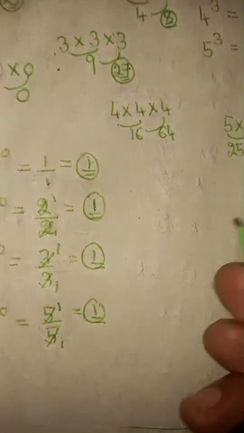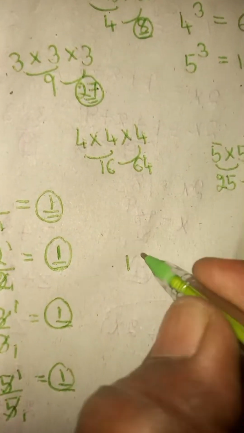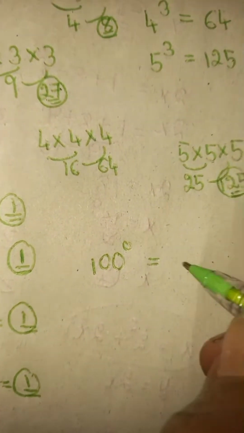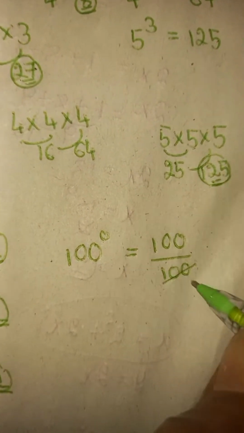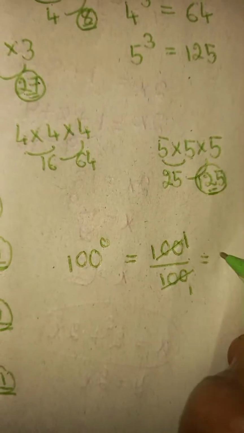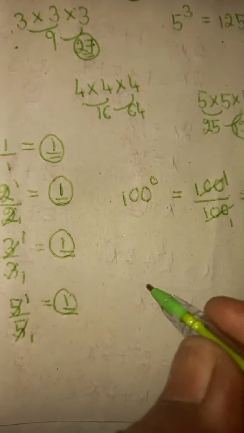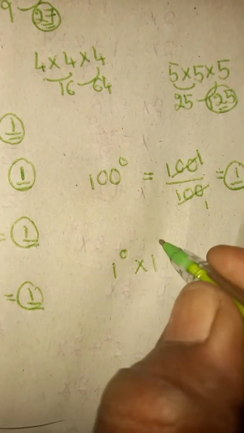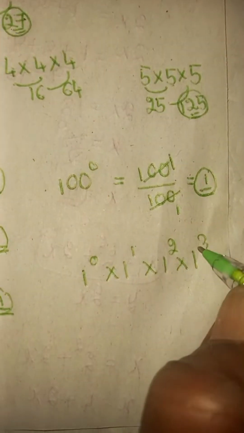Let's find out the value when we take bigger numbers. If you take 100 power of 0, that also means 100 by 100, which you can divide 1 time and it remains 1. Let's find out the value of 1 power of 0 times 1 power of 1 times 1 square times 1 cube.